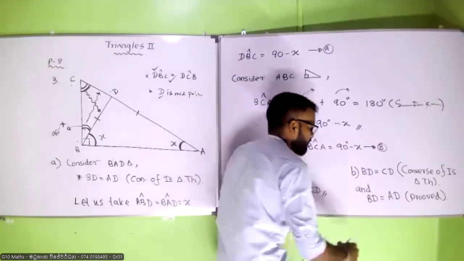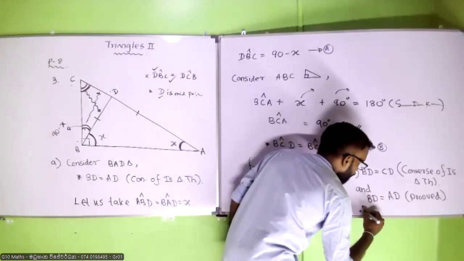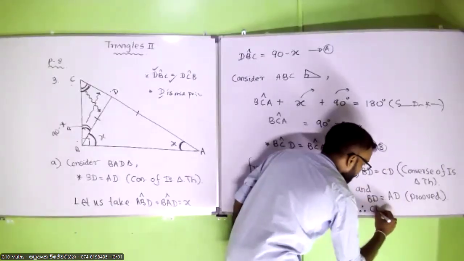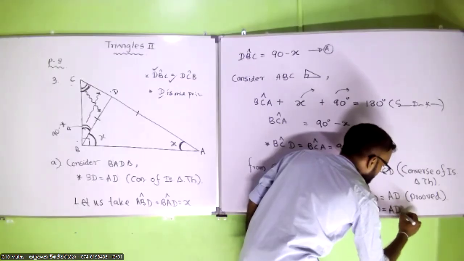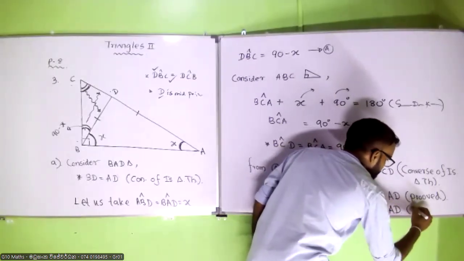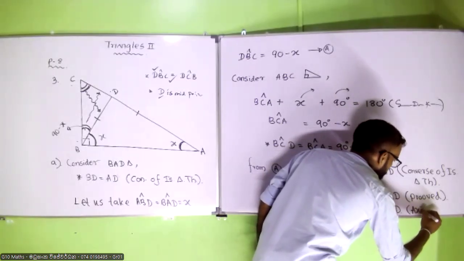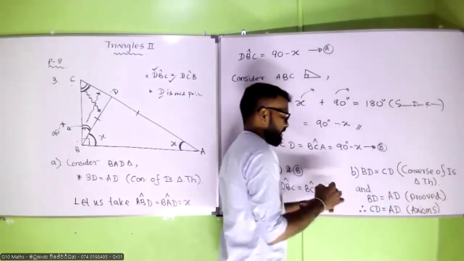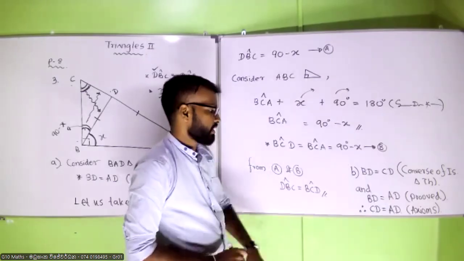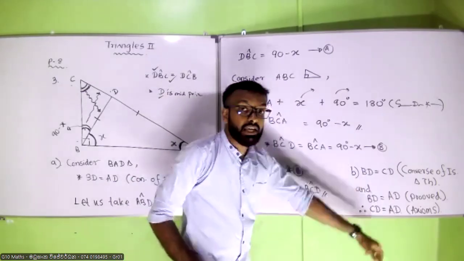So finally you can write therefore CD equals AD. The reason is axiom, using the grade 8 knowledge. Then CD equals AD.